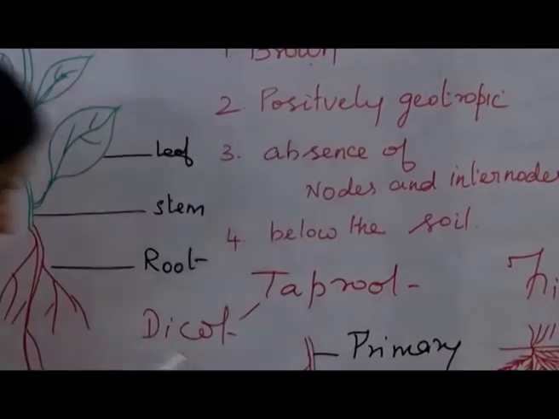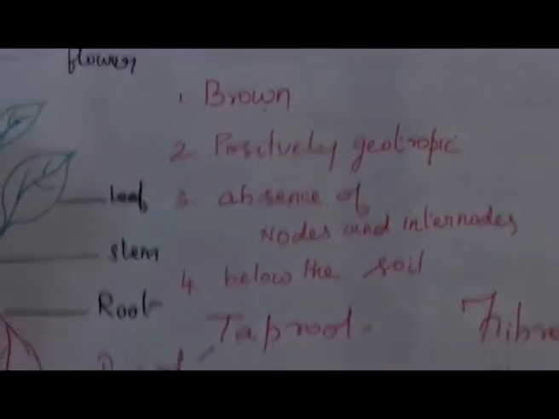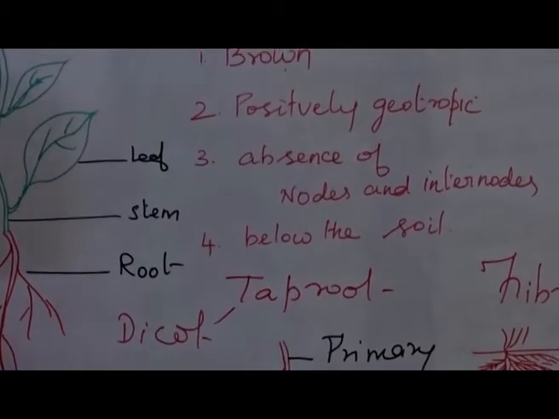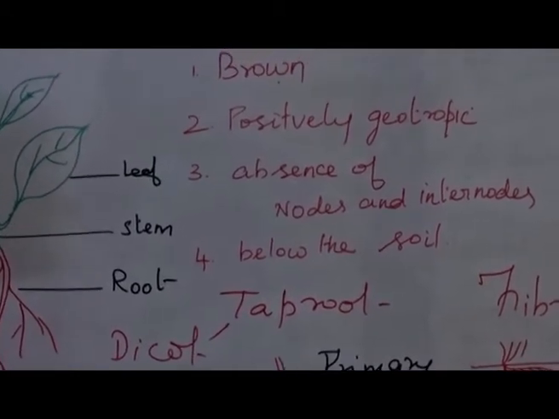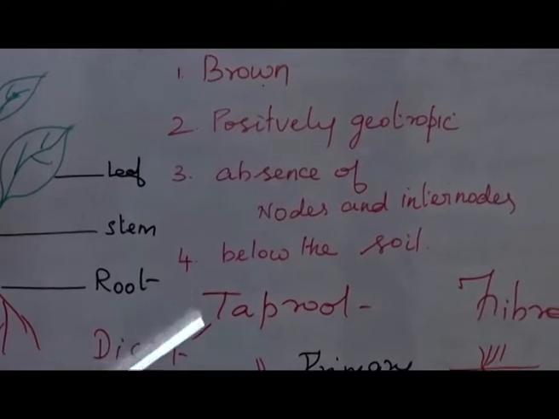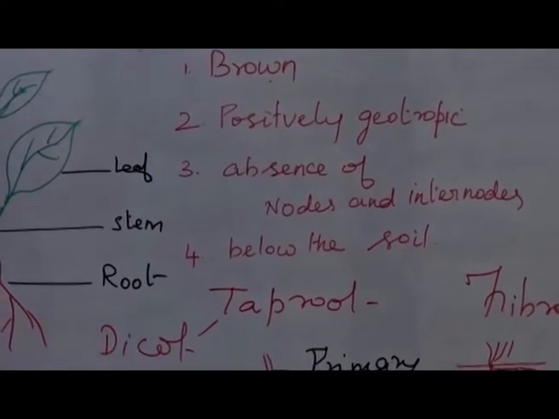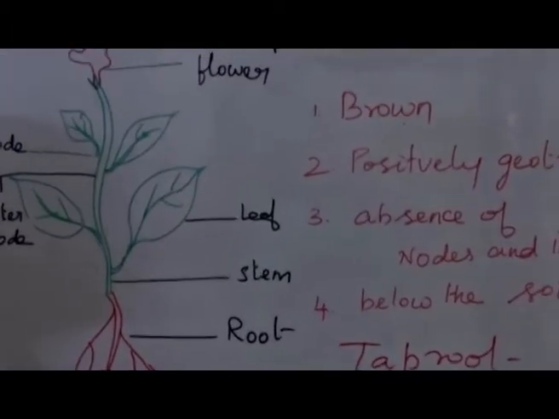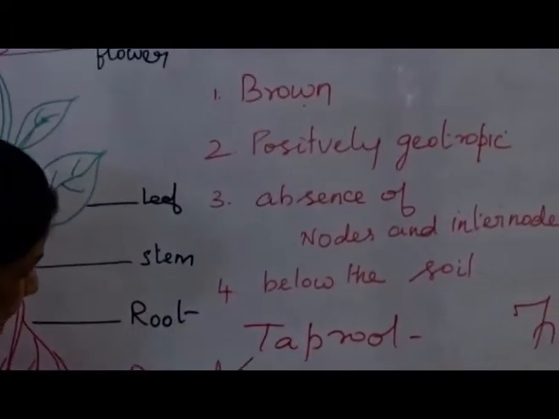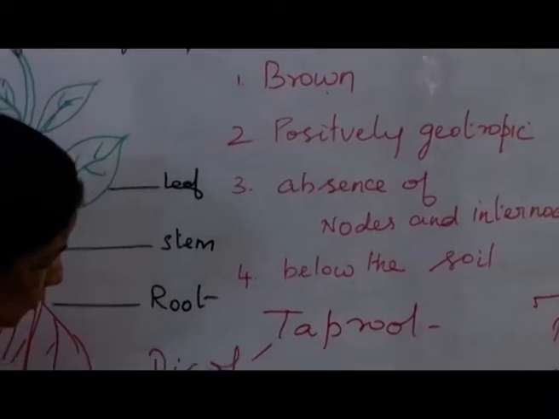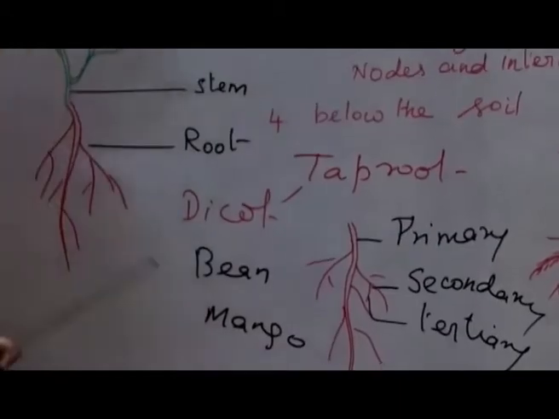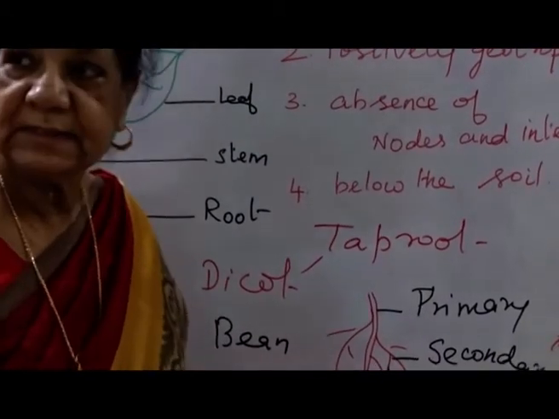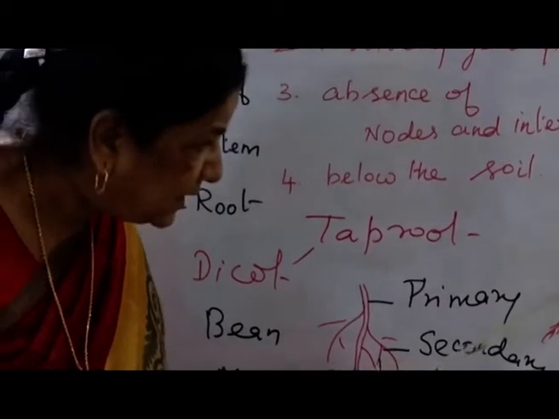I say again, in the taproot system there is a central thick taproot which gives rise to secondary, which in turn gives rise to tertiary root. The taproot system is the characteristic feature of the dicot plants. Dicot plants include bean and mango, for examples.